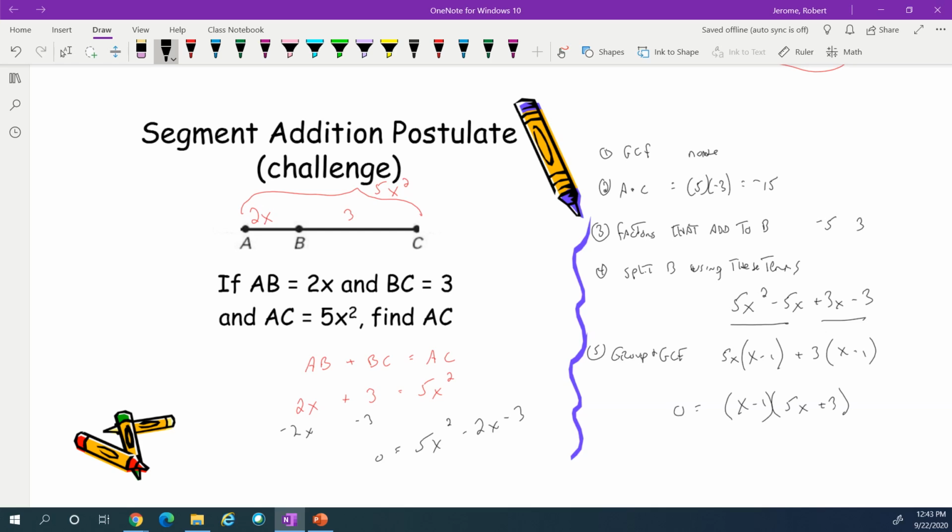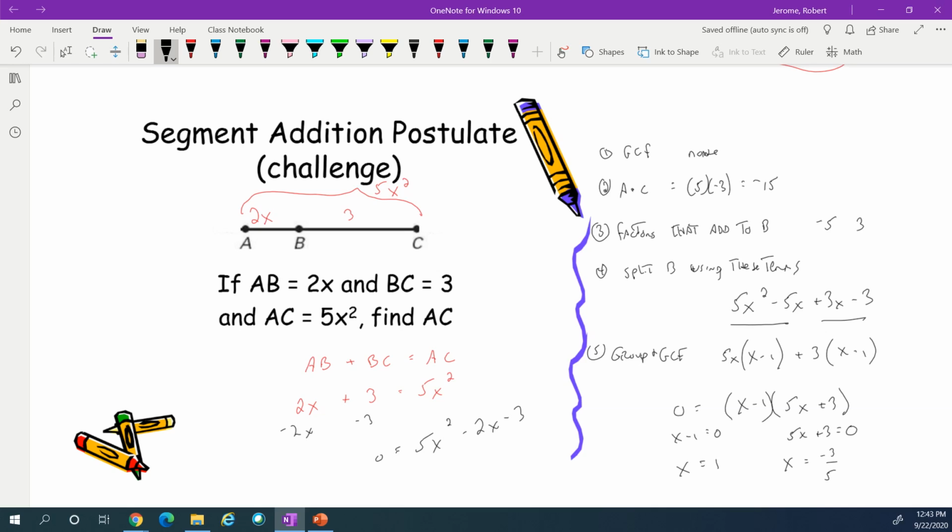And now, of course, I can set each factor equal to 0 and find out x could be 1 or x could be negative 3/5. So I have my two answers for x.